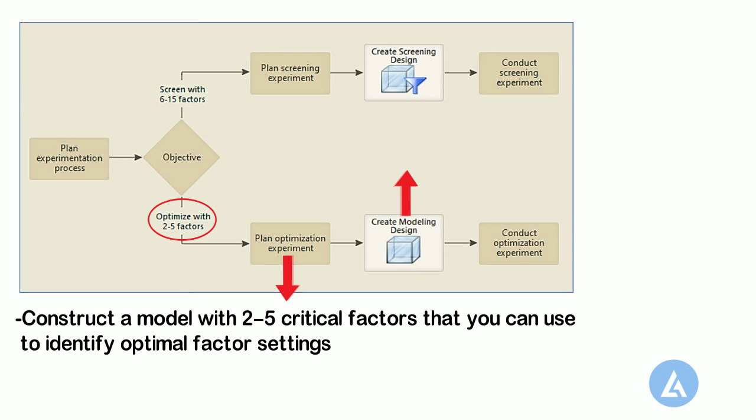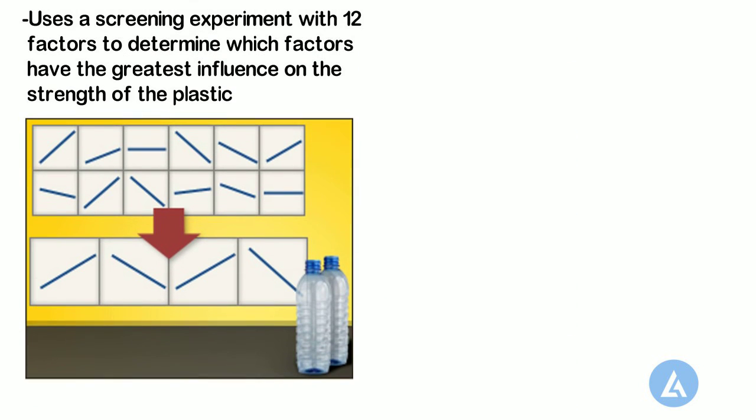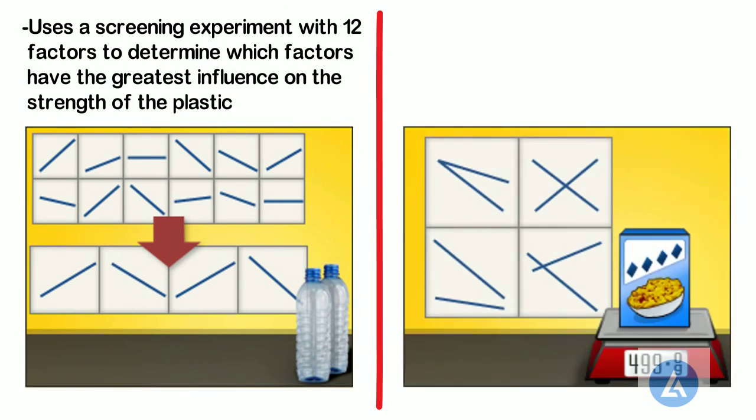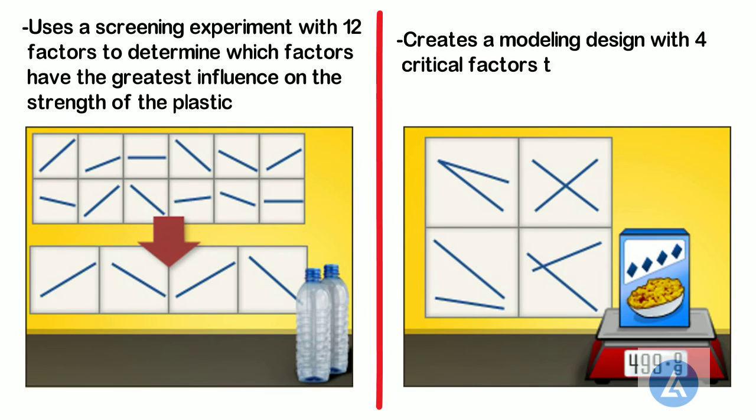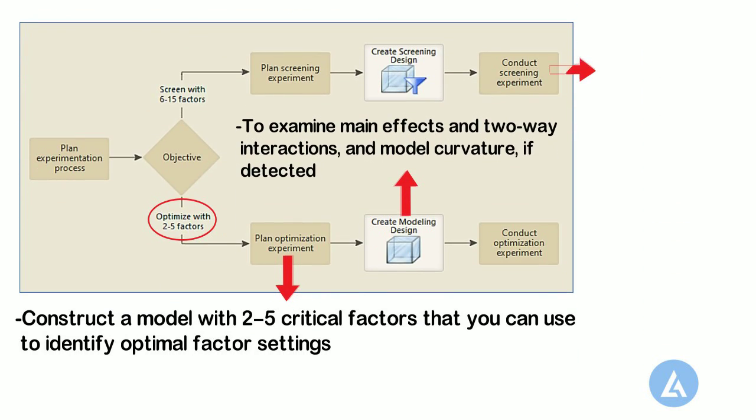Use a modeling design to examine main effects and two-way interactions as well as to model curvature if detected. For example, a food manufacturer creates a modeling design with 4 critical factors to study how the critical factors influence the response. Now, let's see how to reduce the number of factors to less than 5 and then the next steps in the experiment.